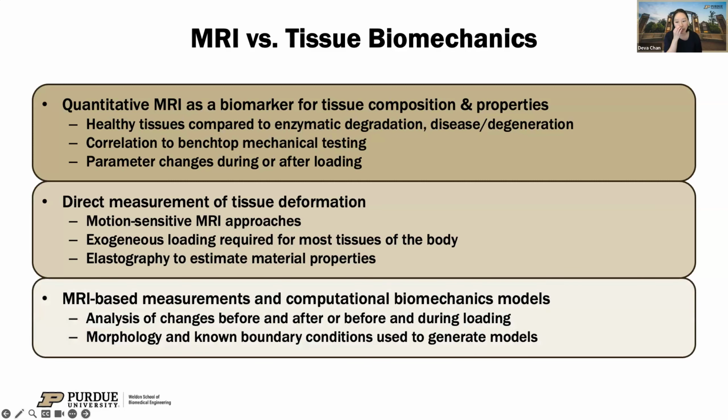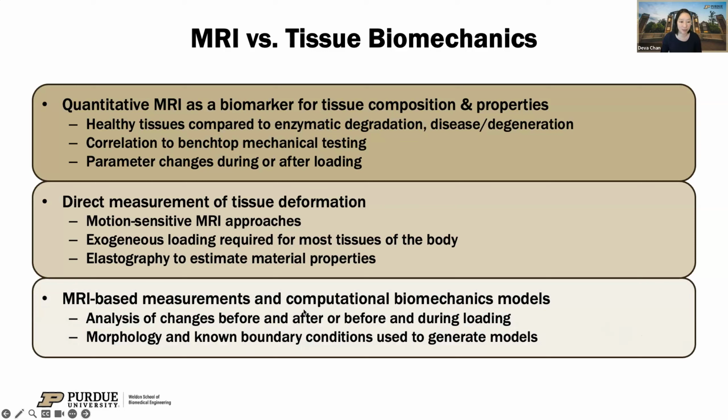And then finally, where these might intersect is this entire category of biomechanics work, some of which Don alluded to, where we're able to take measurements and create biomechanical models coming from the MRI-based images. Often anatomic images are used for this, and you can analyze the changes before and after, or even before and during loading, if you can synchronize the anatomic images to loading.